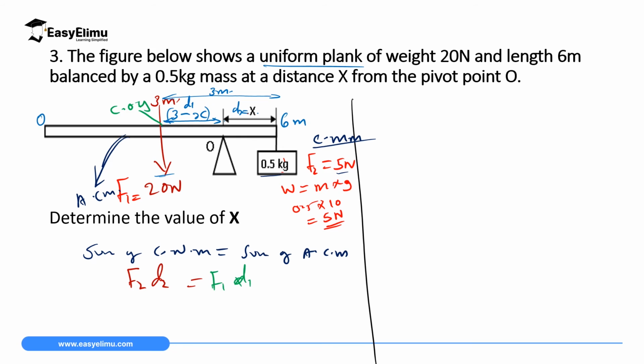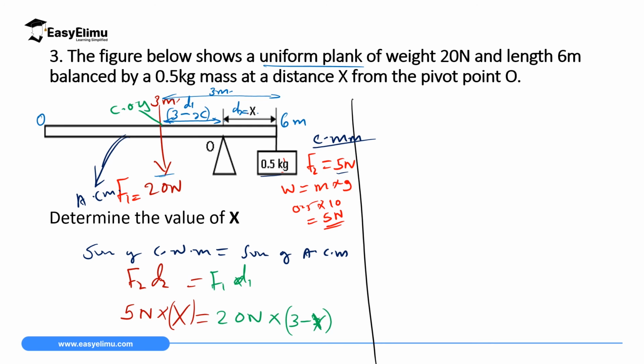F2 is 5 Newton, times the distance to the pivot, which is x. Then it should equal F1, which is 20 Newton, times the distance to the pivot, that is 3 minus x, our D1.